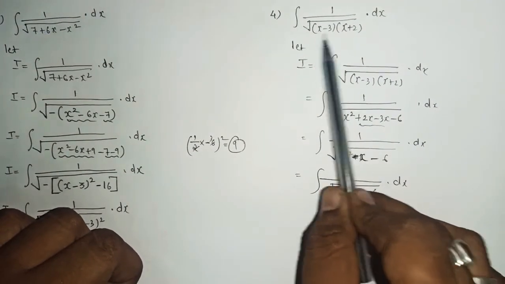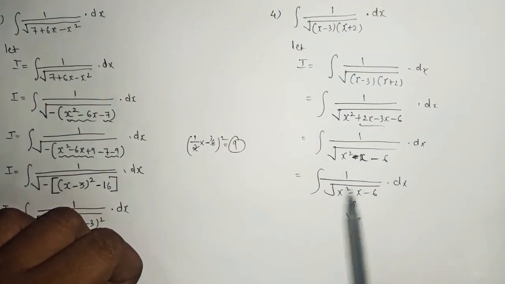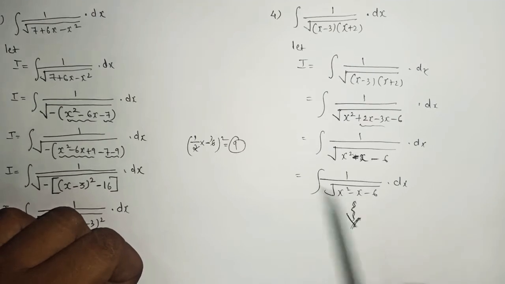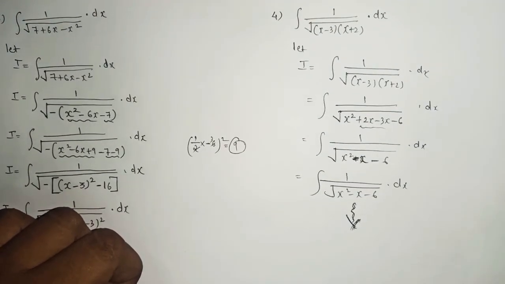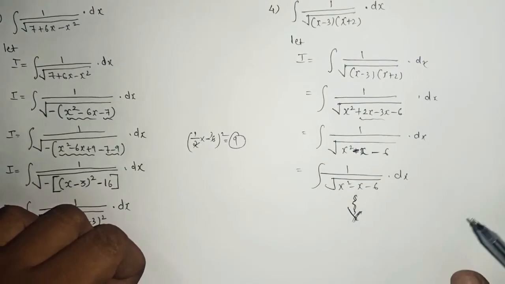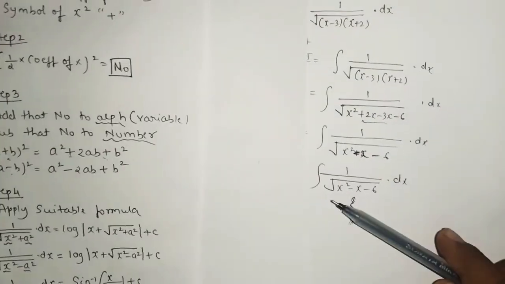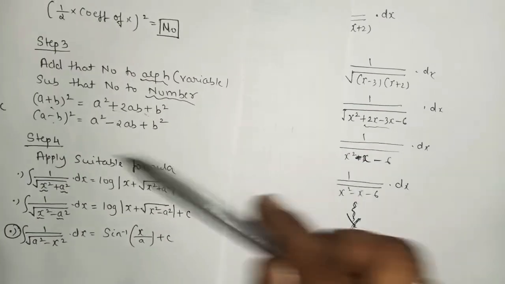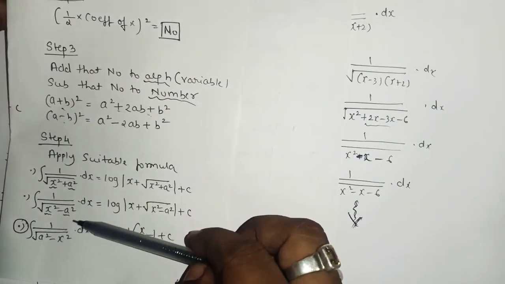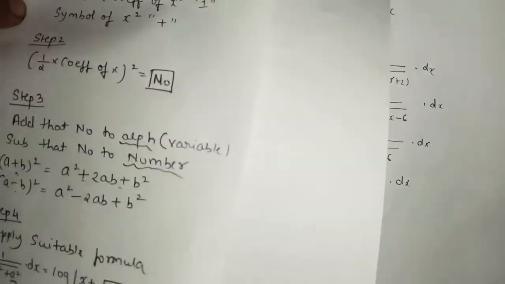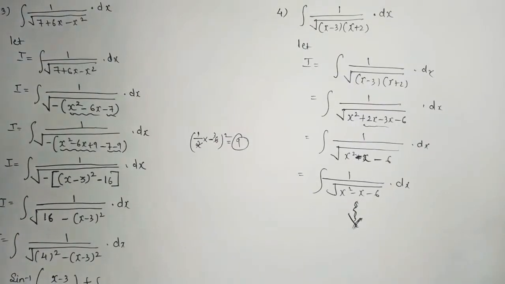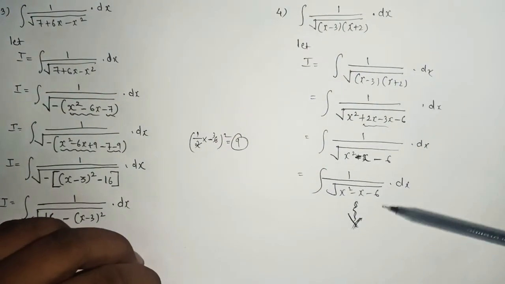Simply open the brackets, so you will end up with a quadratic form. After this you follow the same steps. As the sign of x square is already positive, either the first formula or else the second formula will come. I guess you all understood this step.